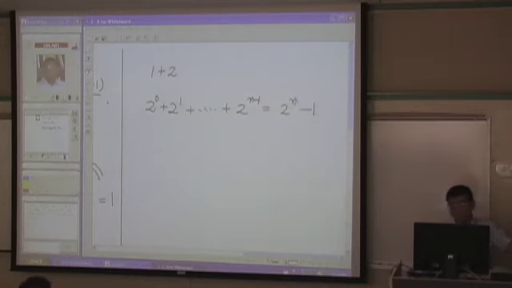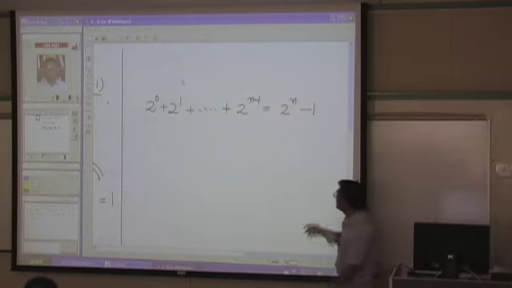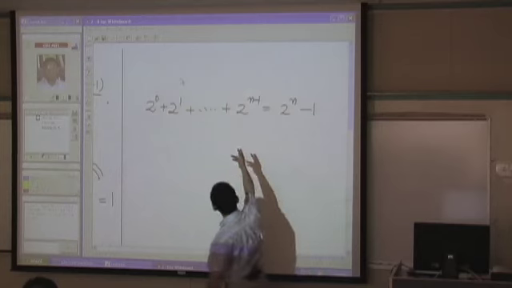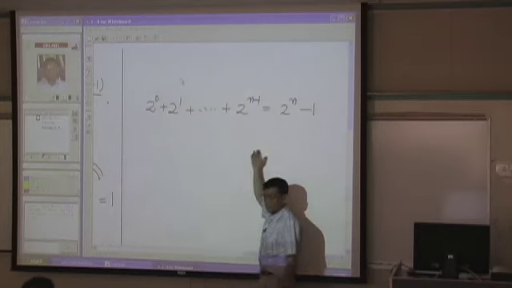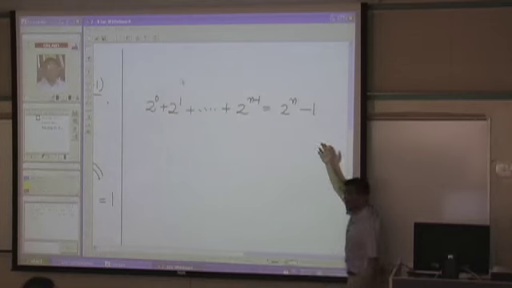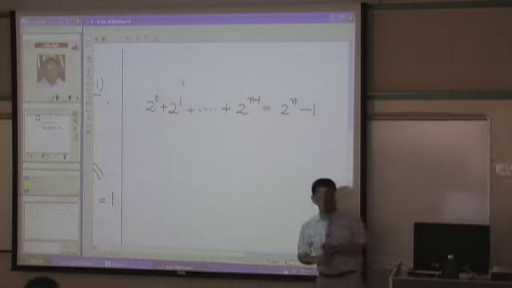So this is the statement, right? 2 to the power of 0, 2 to the power of 1, 2 to the power of 2, 2 to the power of 3, and so on up to 2 to the power of n minus 1. Add all of these numbers. Then it is equal to 2 to the power of n minus 1. So prove this.